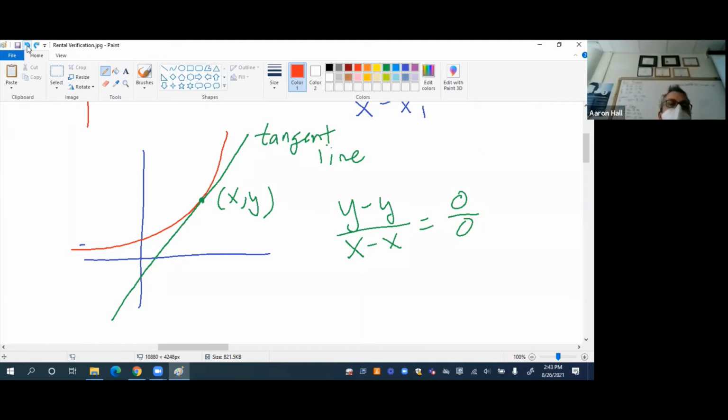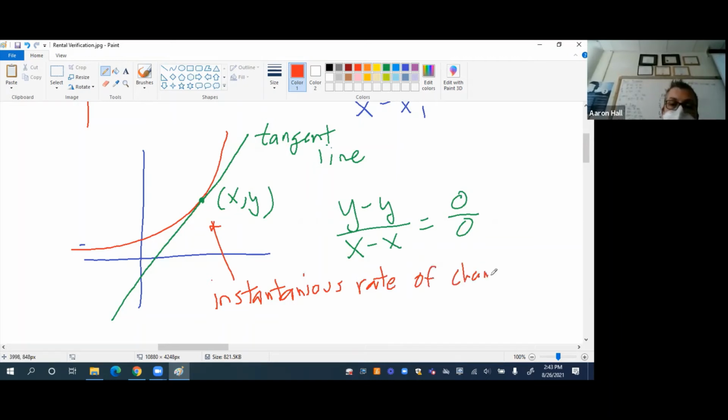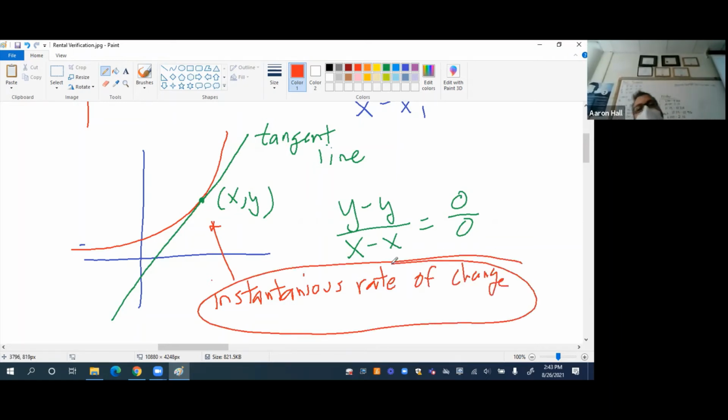So how do we find this instantaneous rate of change? This is where calculus comes in. This is called a derivative, the instantaneous rate of change. This is where all of calculus comes from, this massive branch of mathematics that comes from trying to find an instantaneous rate of change.